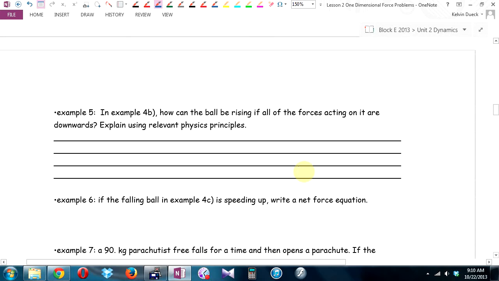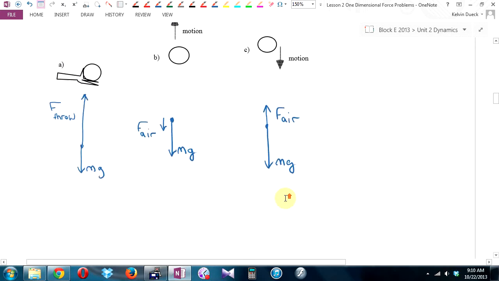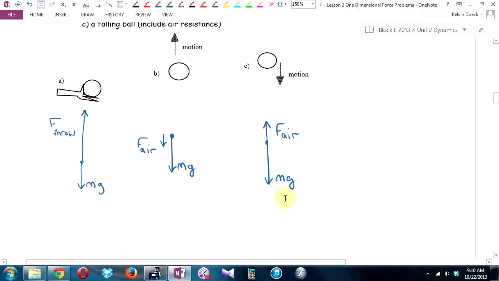Oh, by the way, turn the page. Example 5 says this. In example 4b, I'll put 4b back on the screen in a second. How can the ball be going up in diagram 4b?